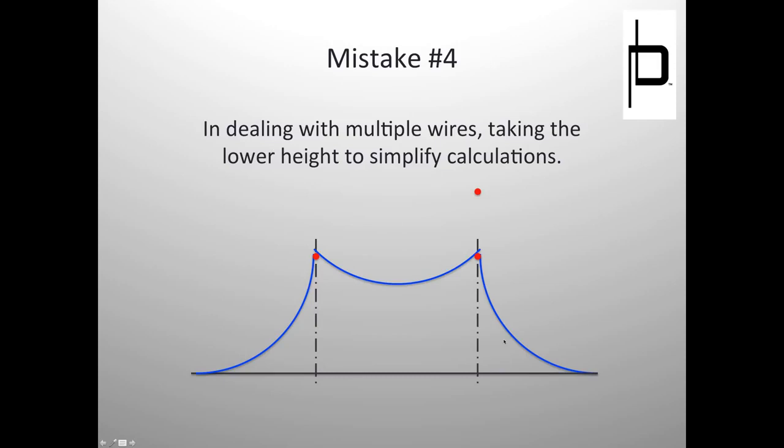Now again, this is all highly probabilistic, and the chances of the step leader snaking its way exactly right there are probably unlikely. But to do this properly, it's something to consider. You don't always want to immediately lower your wire heights, because you've reduced the distance between the two wires and made it more possible for them to support a sphere, whereas in reality they may not be able to support it. There's just something to think about.